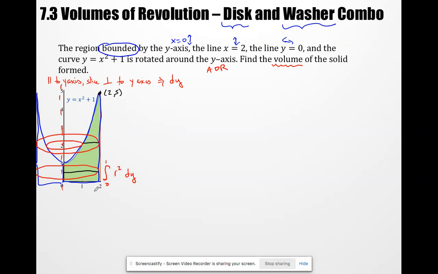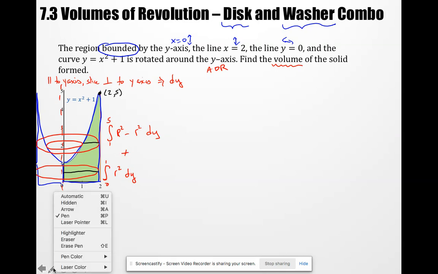All those potato chips going from 0 to 1. And then I'm also going to add up all the lifesavers from 1 to 5. And I have to add those together.